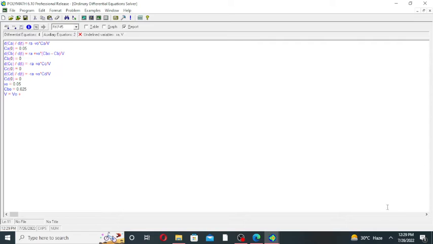V can be obtained from the relation between the volume of the reactor and time. So V is equal to V naught plus the volumetric flow rate of component B entering the reactor times the time. So when time passes, the volume of the reactor will increase.